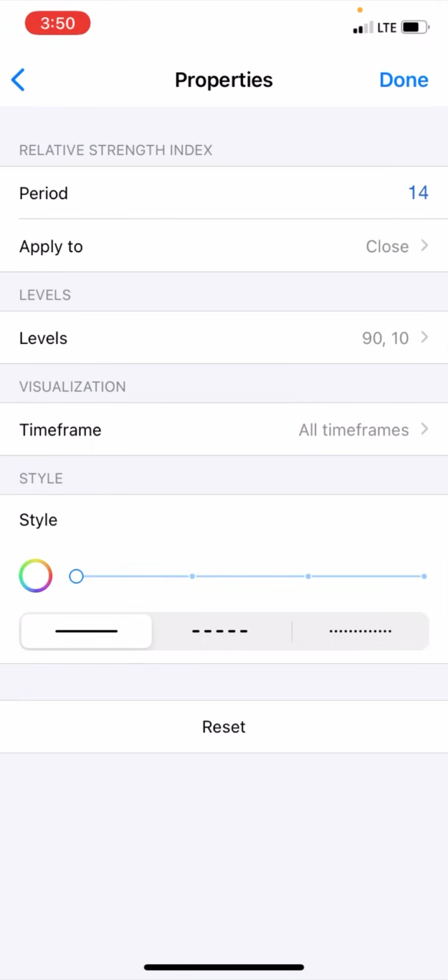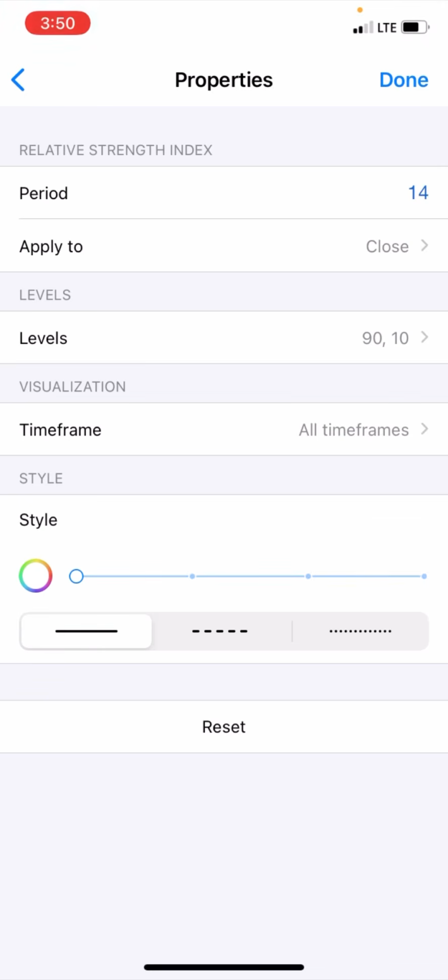Click done, and for the visualization here, please ensure that the color is the same as the background of your chart. In this situation, I'm using the white background, so the color here is white. If you are using a white background, please ensure you use colors that would be visible in your chart.